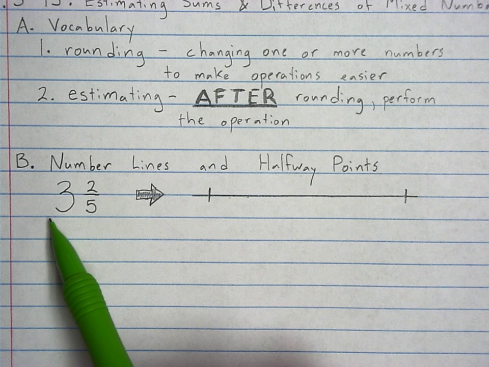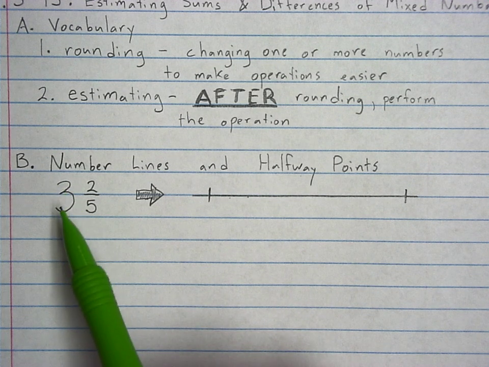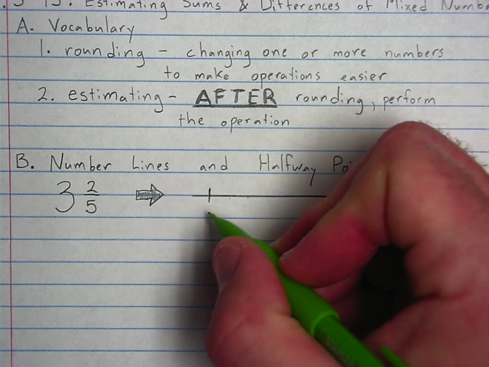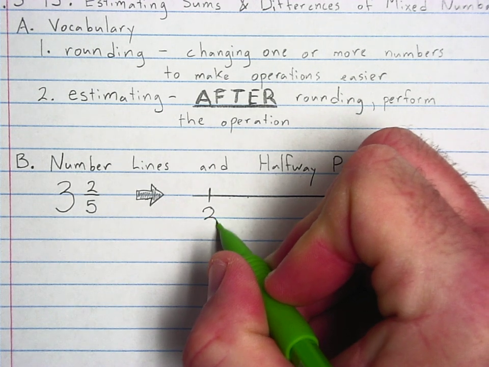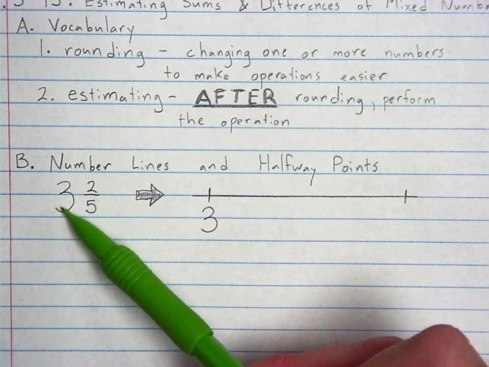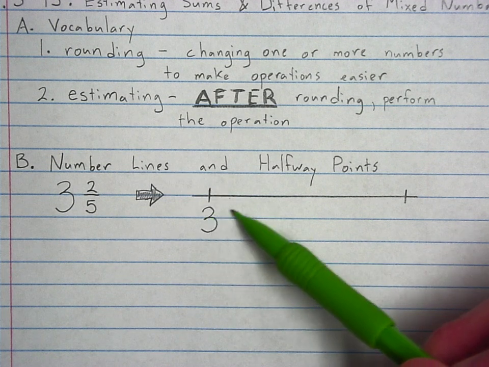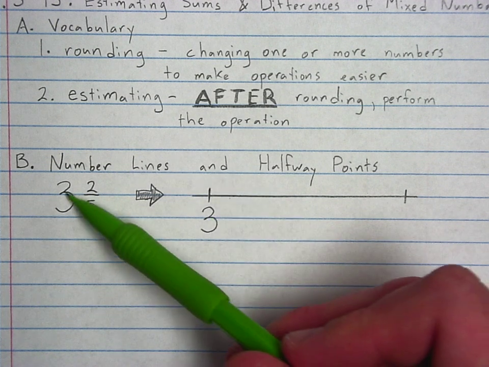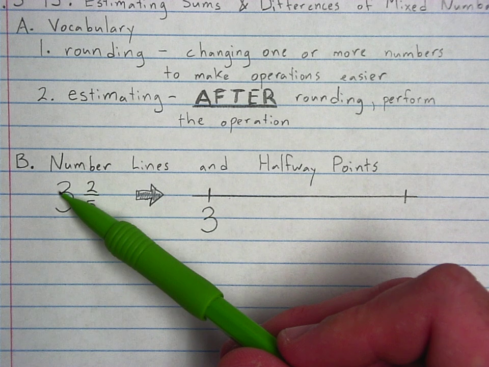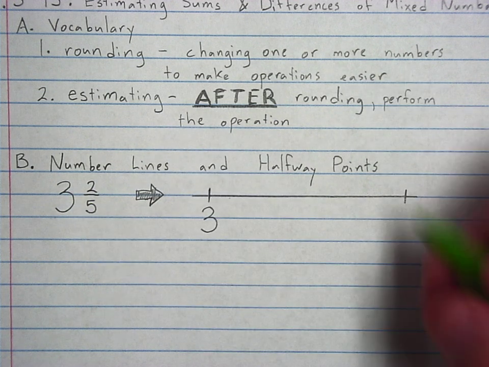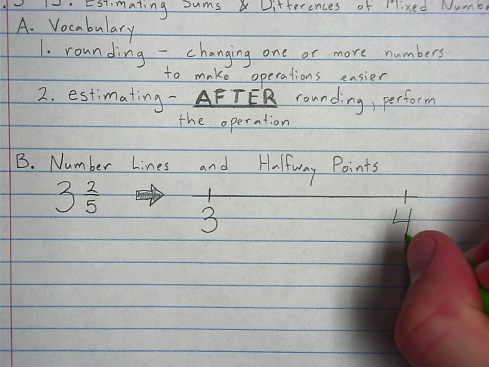Because this mixed number has a 3 as its base, I know it's got to be bigger than 3. I've got 3 and a little bit more. So it's going to be more than 3, but it's going to be less than the next whole number. The next whole number after 3 would be 4.